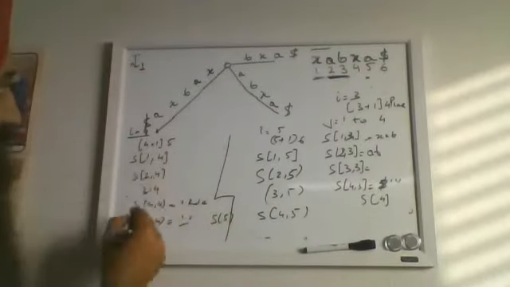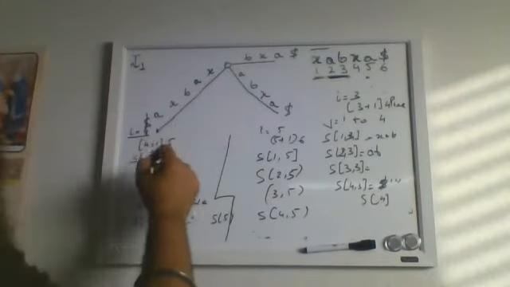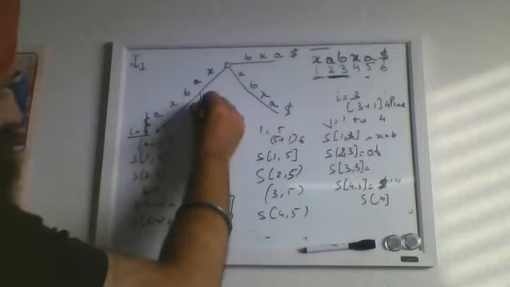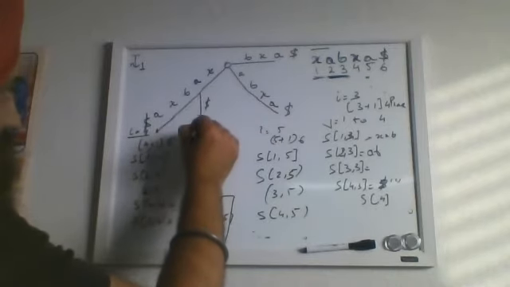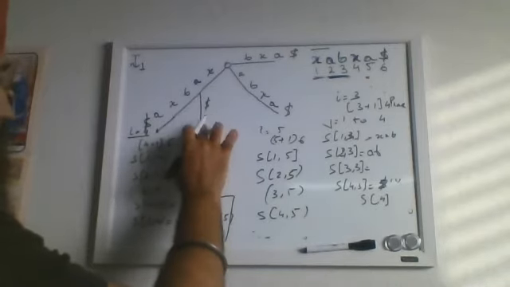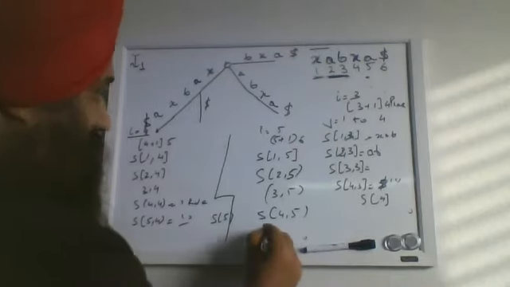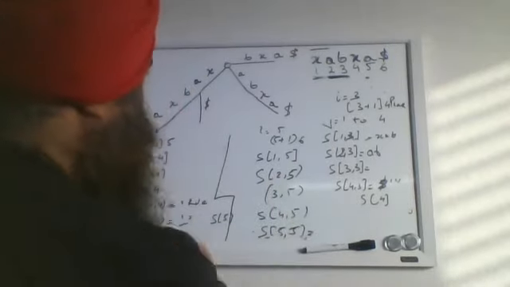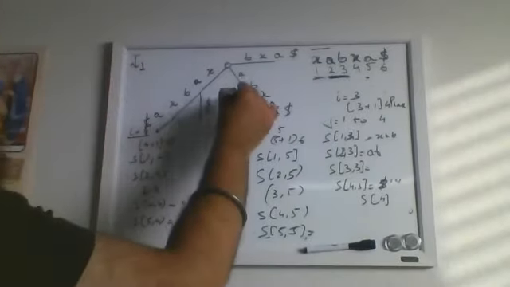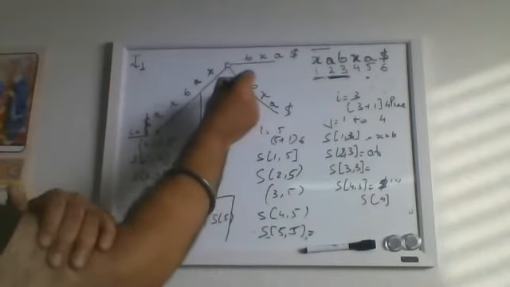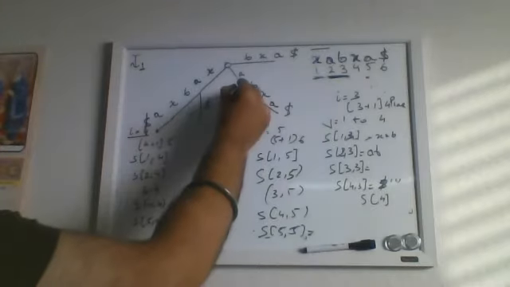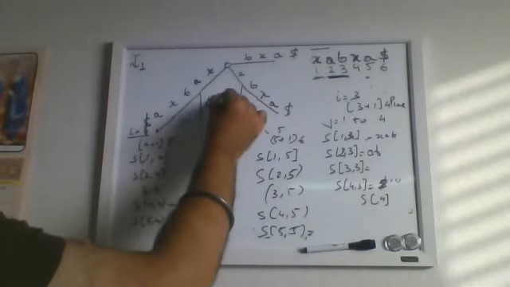You see XA is present, but the dollar sign is not there, and this is not ending at a leaf node. So rule 2 extension applies, you add the dollar sign to it and you create another leaf node. S[5..5] is A. A is already there, but if you add the dollar it is not present, so rule 2 extension applies with the dollar sign.